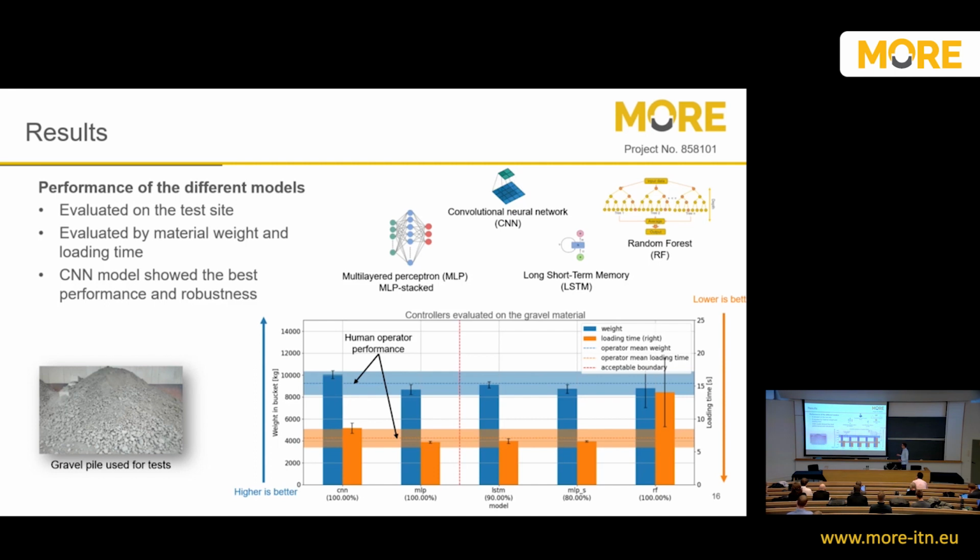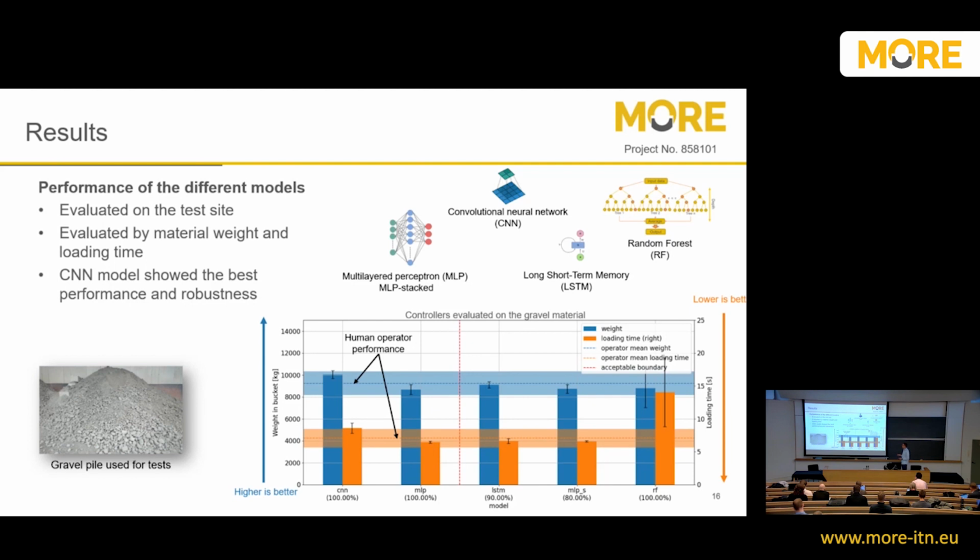The blue bar is how much material was in the bucket, and of course more material is better. The orange one is the loading time, so how fast the model was at loading the bucket, and of course faster is better, so lower is better.